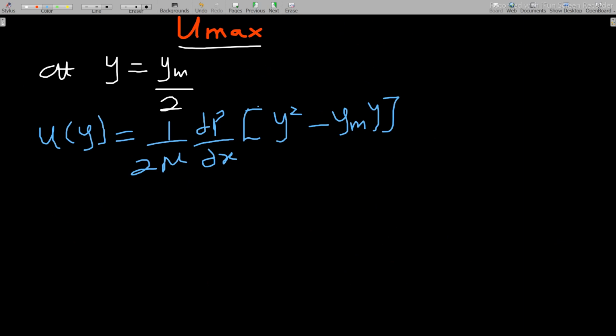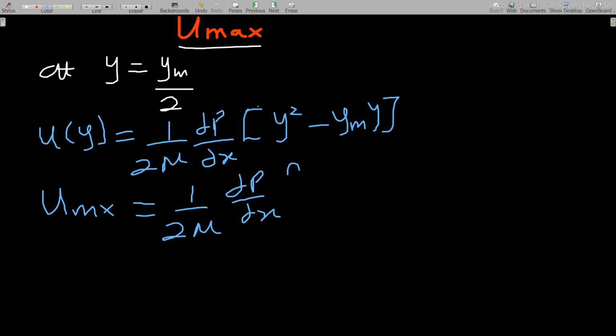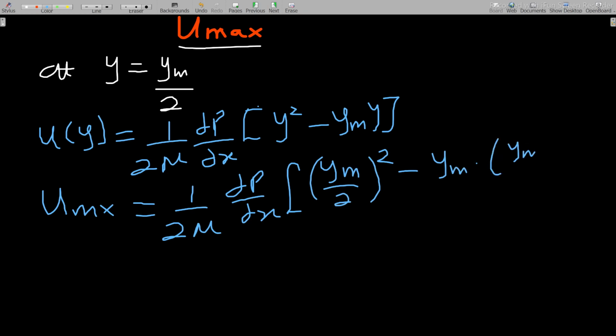We want u max, which is equal to 1 over 2 mu del p del x. At the maximum velocity y is equal to ym over 2, so wherever I see y, I put ym over 2: ym over 2 all squared minus ym times ym over 2.